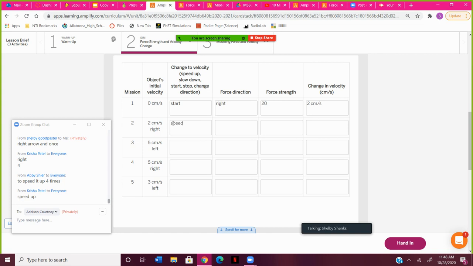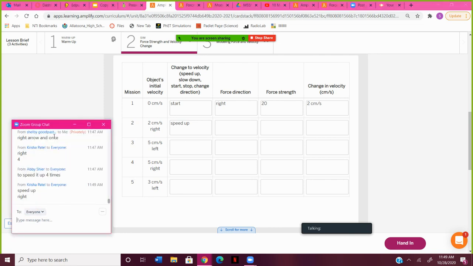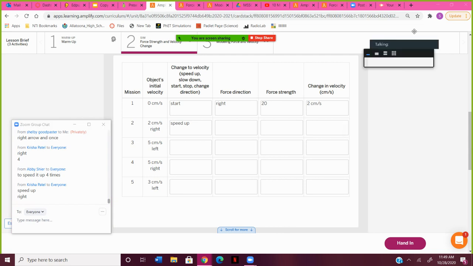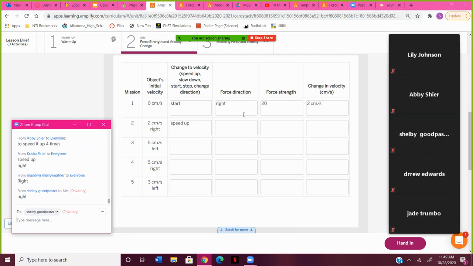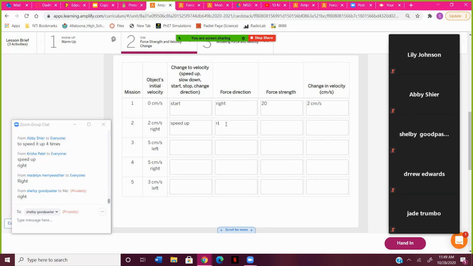All right, we needed to speed it up. All right, what direction was our force? Okay, our direction of the force was to the right.